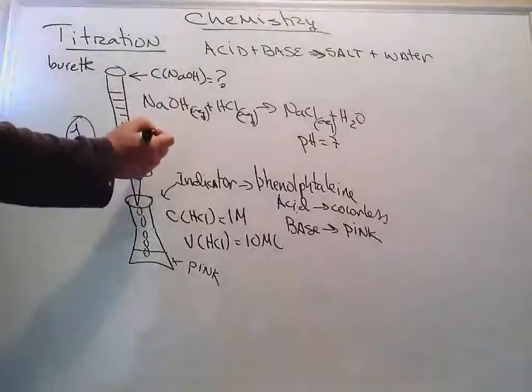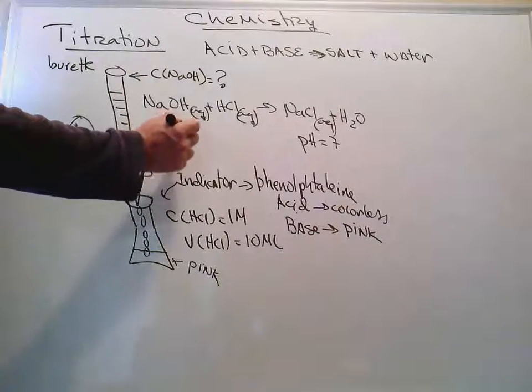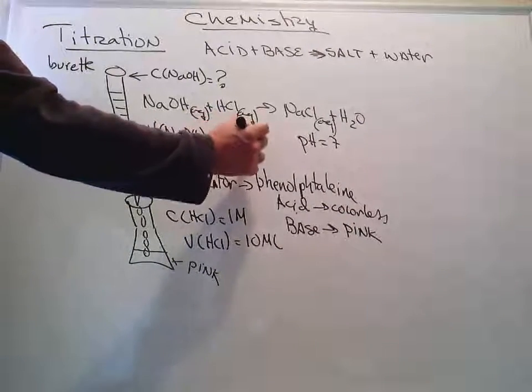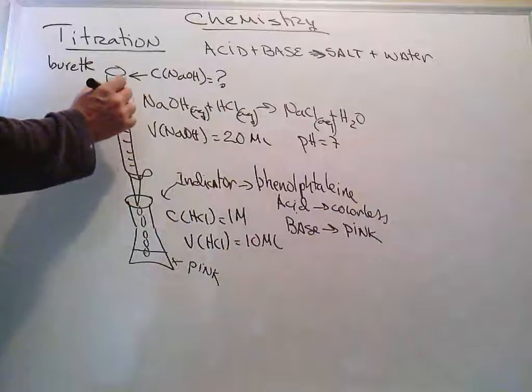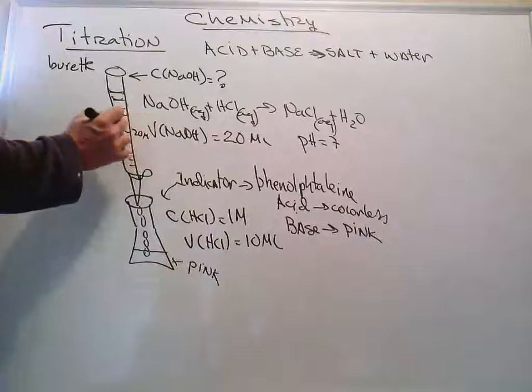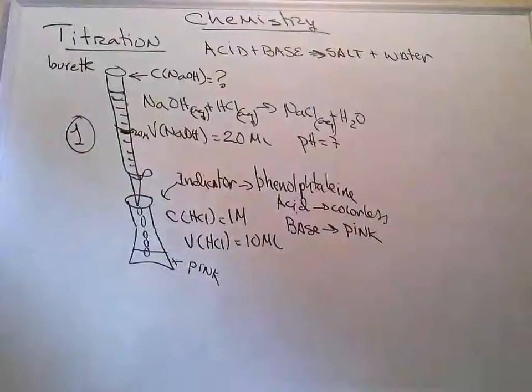So what we are going to do now is measure our first volume of sodium hydroxide consumed. Let's pretend we got 20 ml. So the meniscus went from 0 all the way to 20, and that will be the volume of sodium hydroxide.